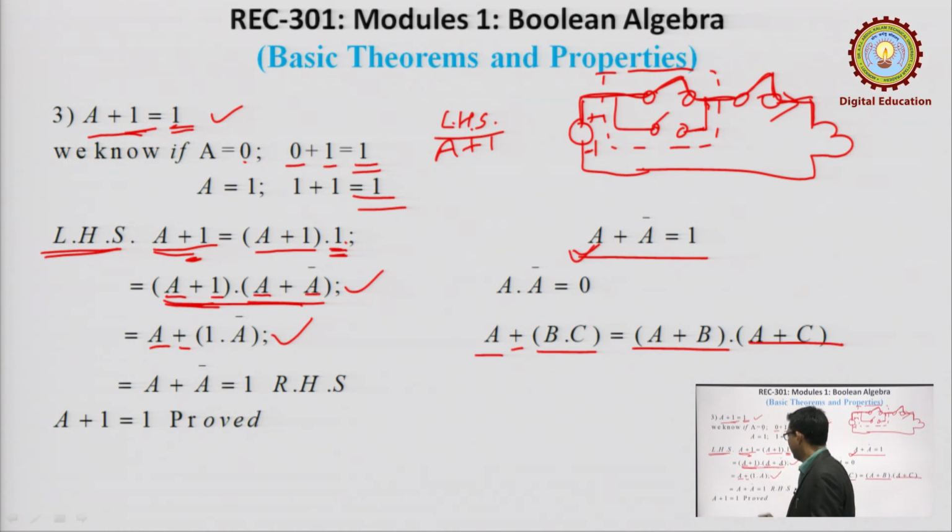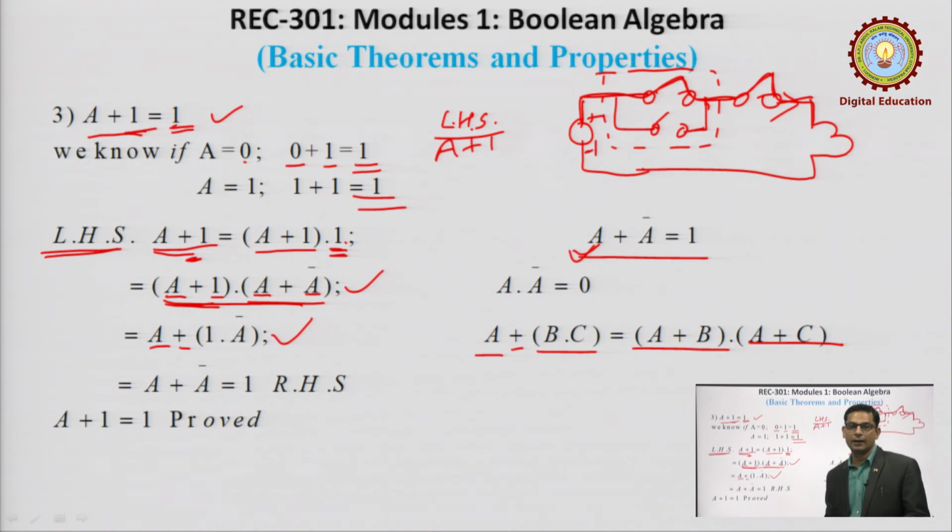1 dot A bar. 1 dot A bar means the output will be always how much? So, if the value of A is equal to 1 dot A bar, it means the state of the switch depends on the A bar, because dot means both the switches are connected in series.